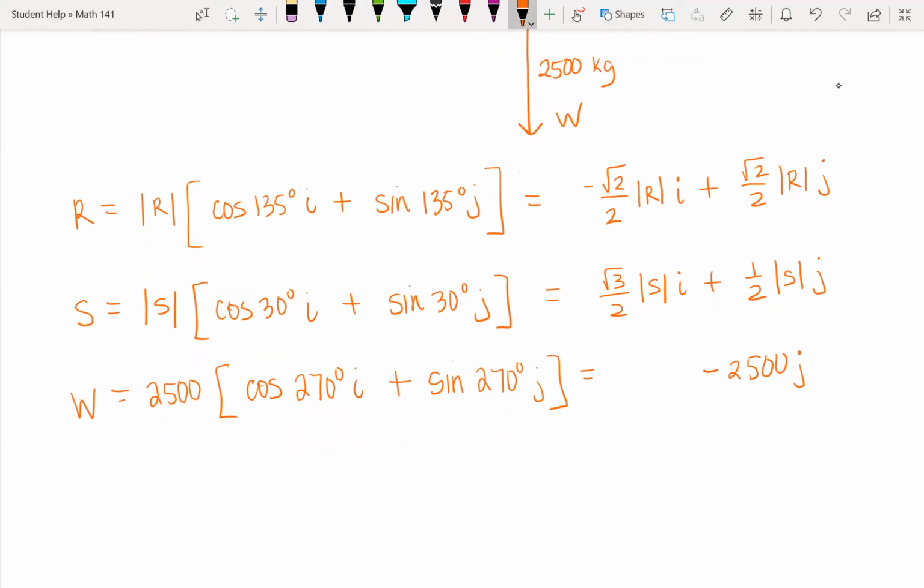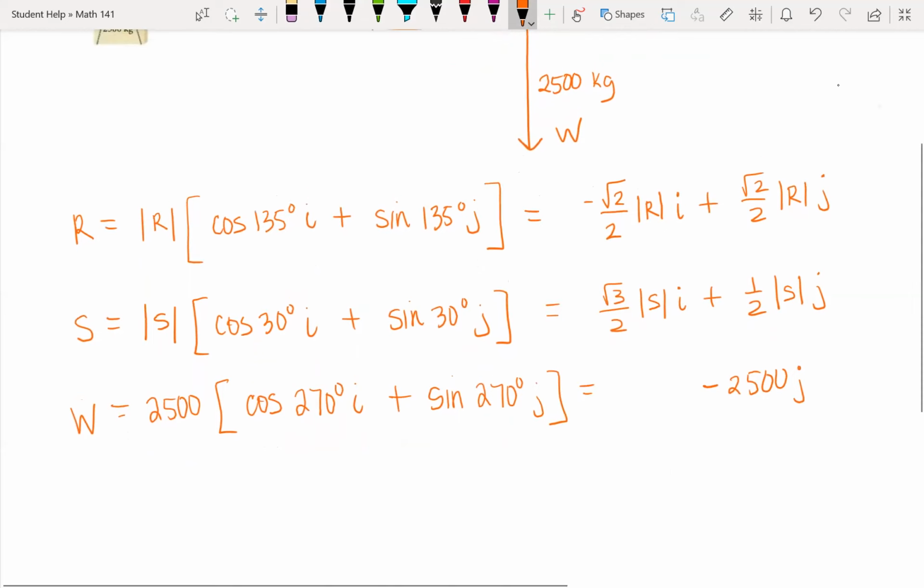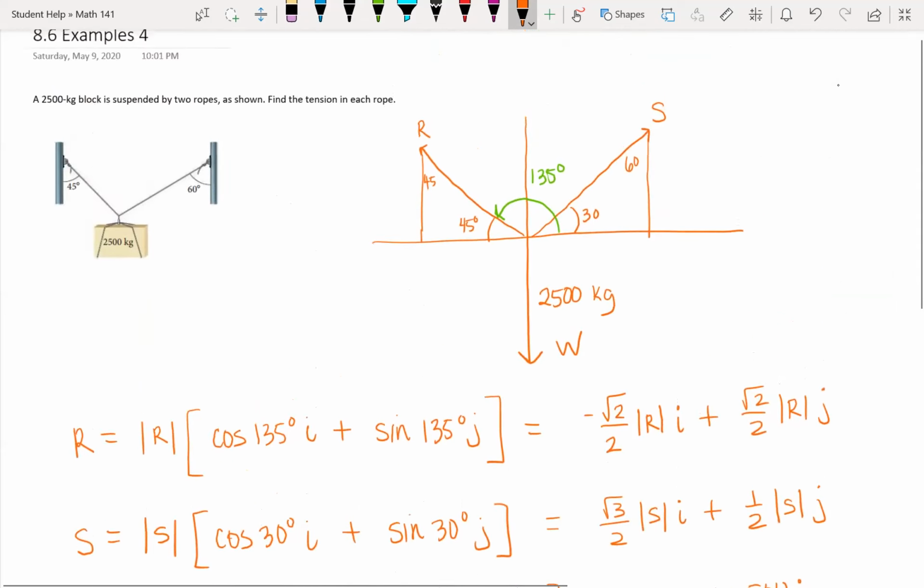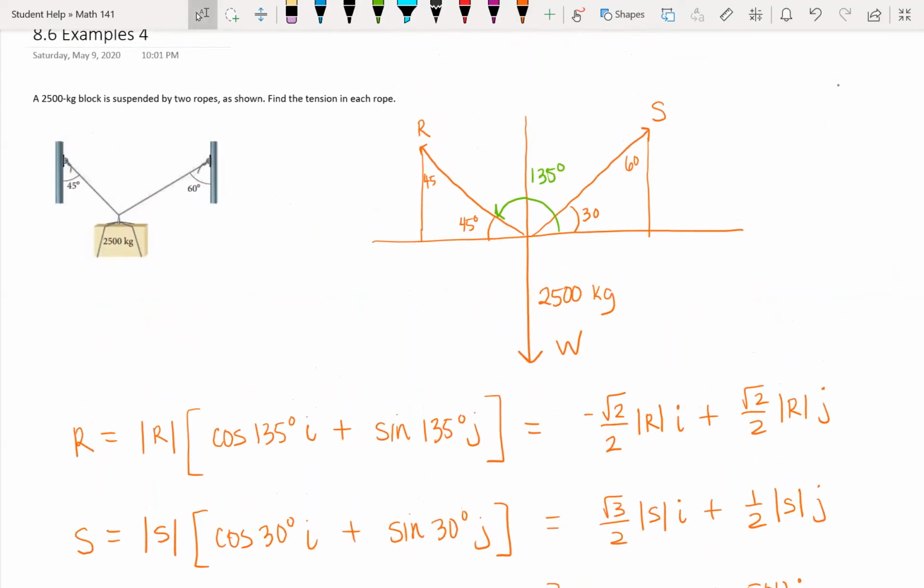Okay. So when I have a system like this that is in equilibrium, we need to have balance among all the different vectors. That means that the three vectors that we have, R and S and W, have to total out to be the 0 vector, or 0I plus 0J.